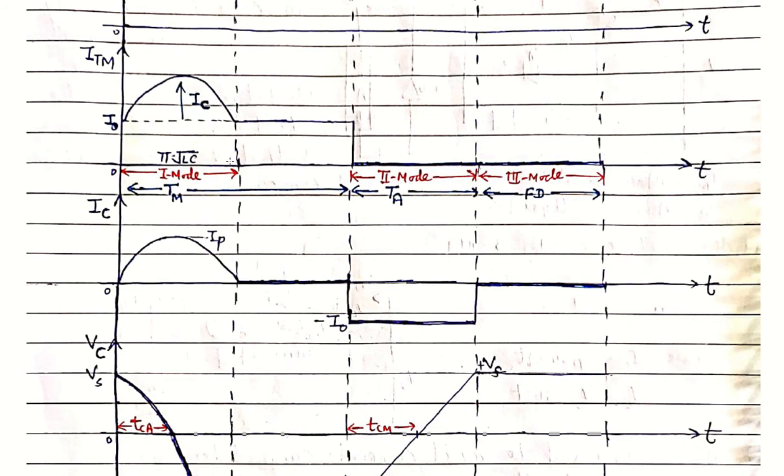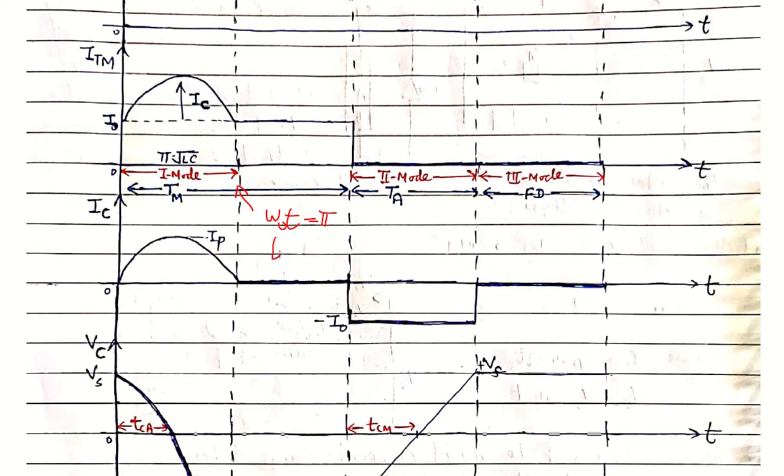In the first mode, if we put omega naught t equals pi, and what is omega naught? Omega naught equals 1 upon root LC. See the calculation at this point. Omega naught t equals pi.